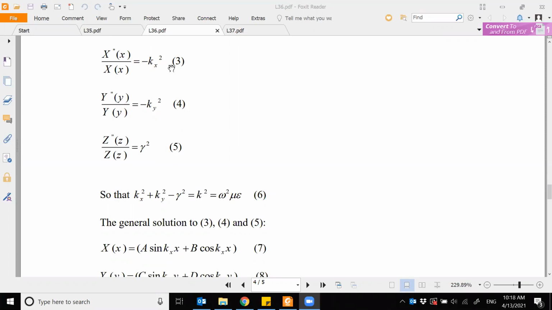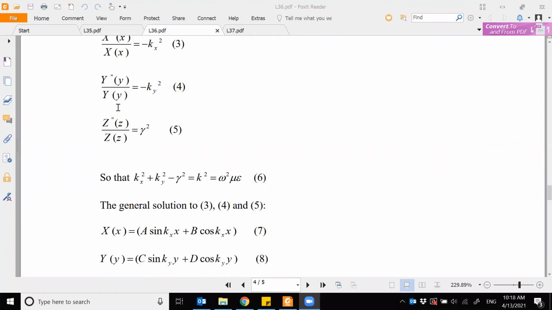For example, the solution of equation 3 and equation 4, where the right hand side is negative, will be a sine plus cosine. So therefore, X of x will be A sin kx x plus B cos kx x. And for this one also, C sin ky y plus D cos ky y. And here your right hand side is not negative, so therefore its solution will be exponential.